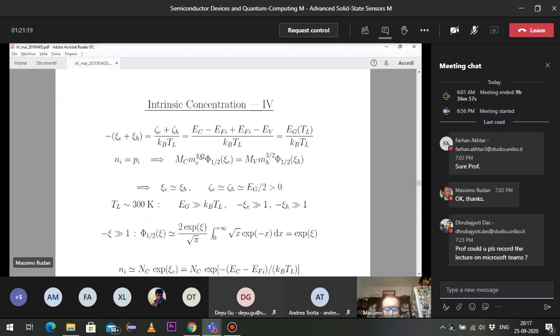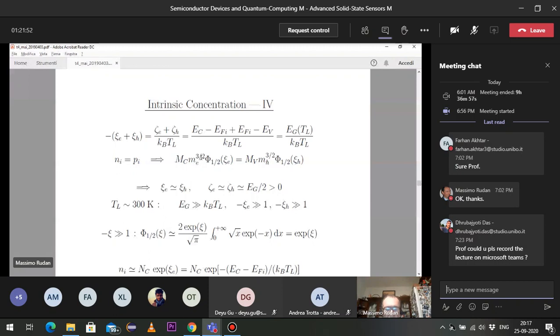In practice, this calculation is complicated because, as you can see from the second line, it involves the Fermi integrals, okay? So it is rather complicated. However, for the special case of the intrinsic semiconductor, we can make an estimate, okay, of the position of the Fermi level.